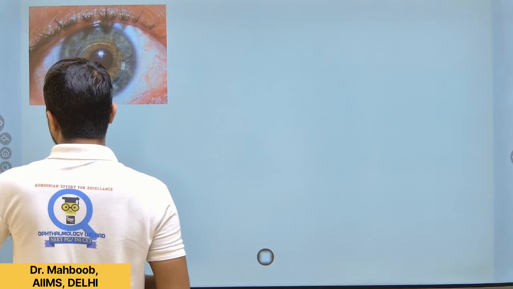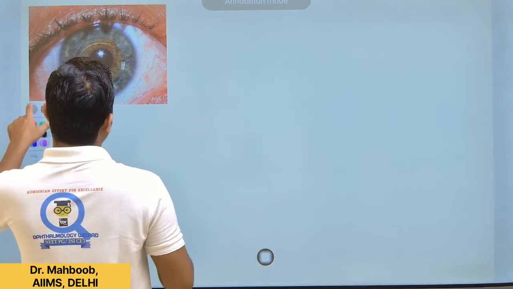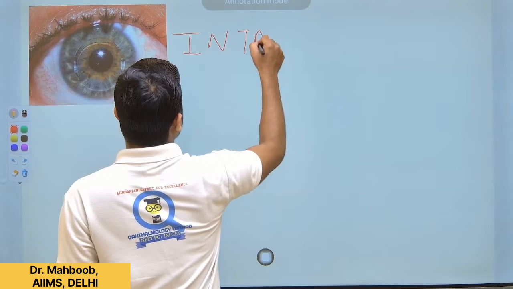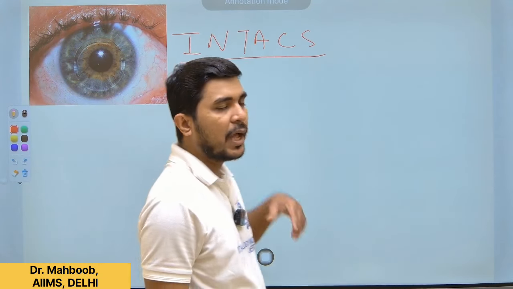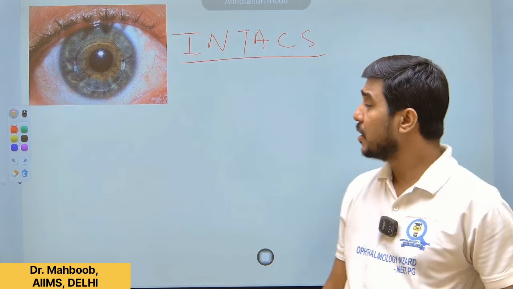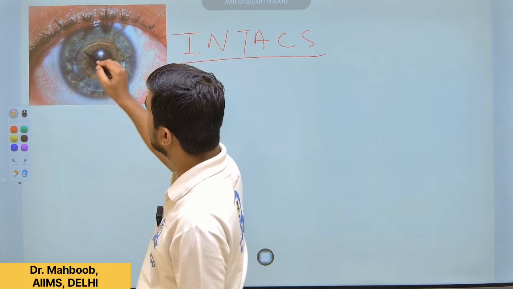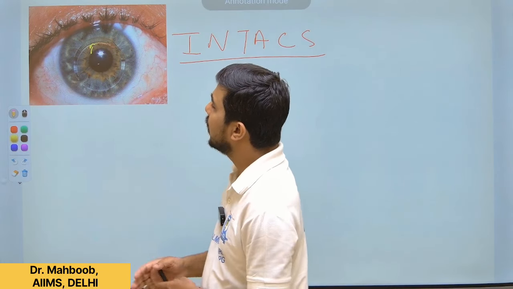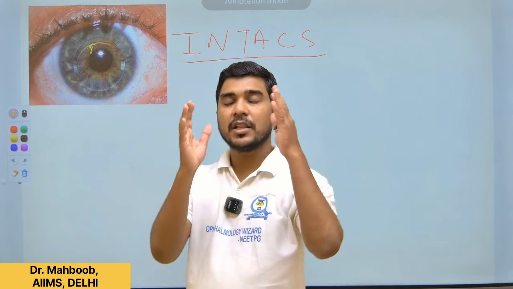This is called intracorneal segment, also known as INTACS, right? When you put this segment inside the cornea, it flattens the central portion.